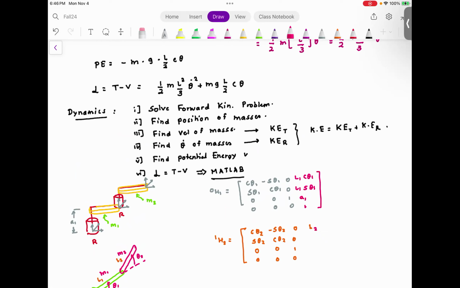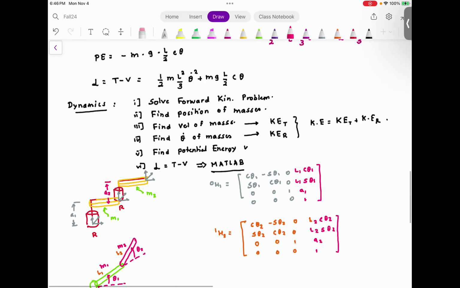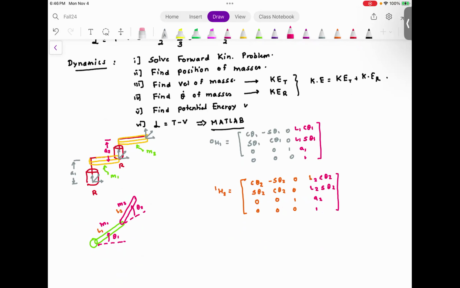This is going to be L2 cosine theta 2, L2 sine theta 2, and this distance is going to be E2 and 1. And then you will solve this and get the equation for the forward kinematics, which is 0h2, which is 0h1 multiplied by 1h2.